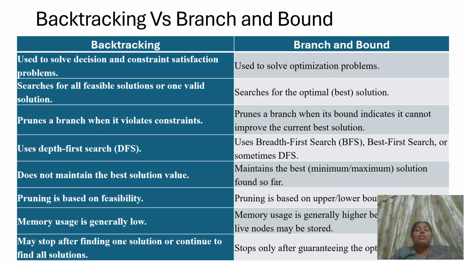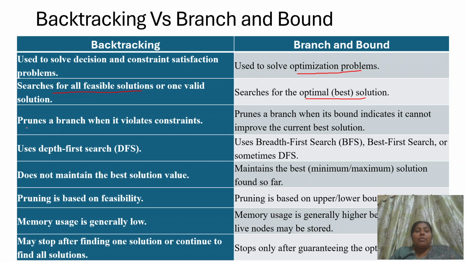But the branch and bound technique is mainly used for solving optimization problems, that is, to find a better solution. In backtracking, we search for all the feasible solutions, but in branch and bound we search for an optimal solution, that is, the best solution.